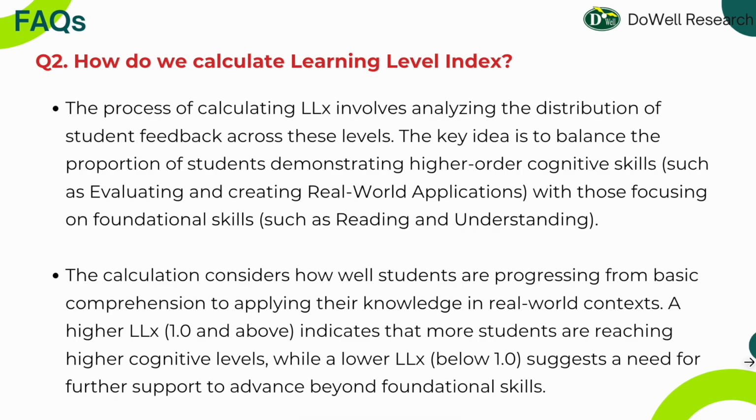The calculation considers how well students are progressing from basic comprehension to applying their knowledge in real life contexts. A higher learning level index indicates that more students are reaching higher cognitive skills, while a lower learning level index suggests a need for further support.